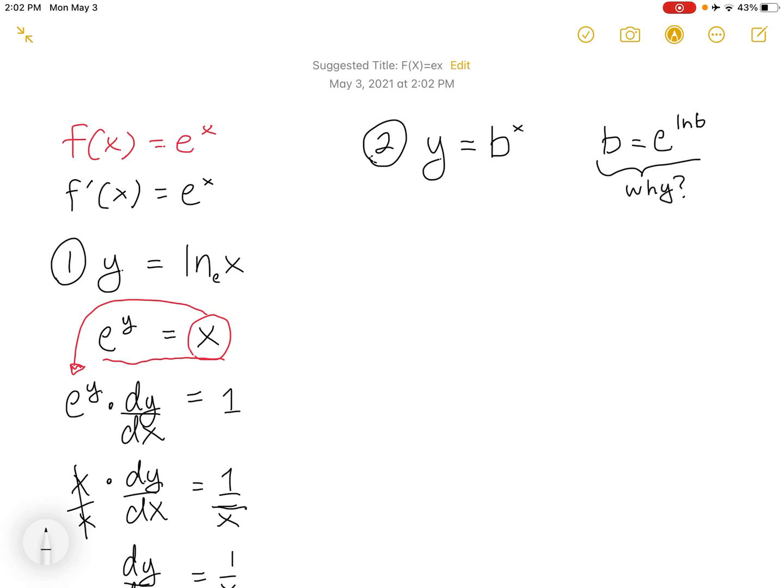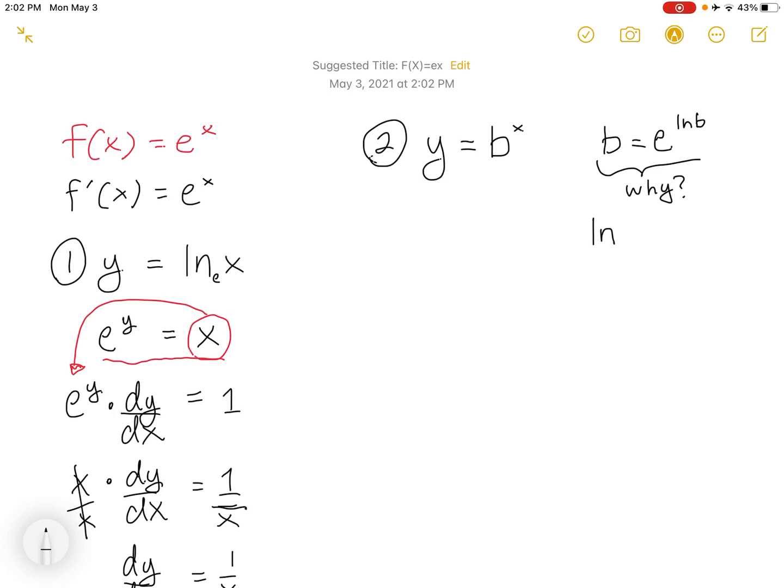And if you want to know why, we can see why if we change this into logarithmic form, right? Well, we're going to have a ln, because the base of the exponent is e, so we have to have a logarithm with base e.